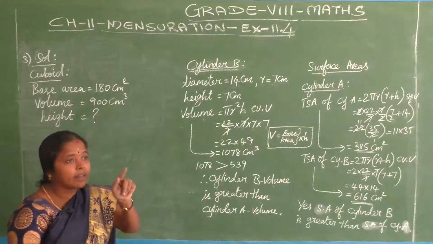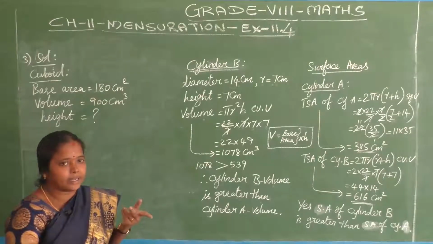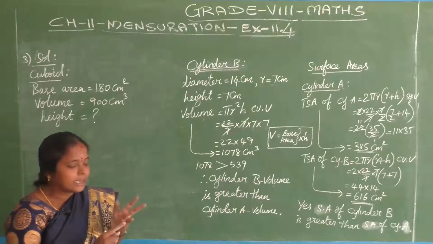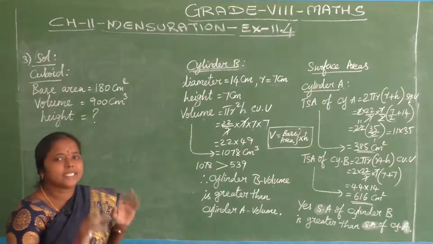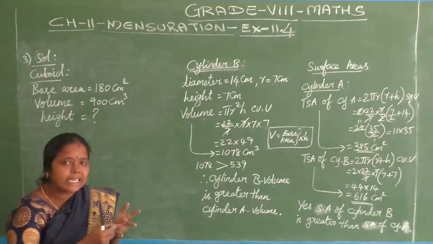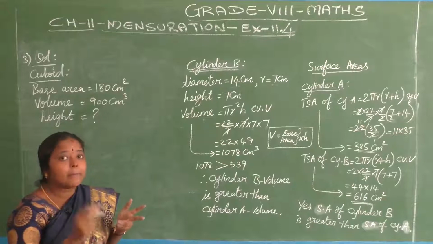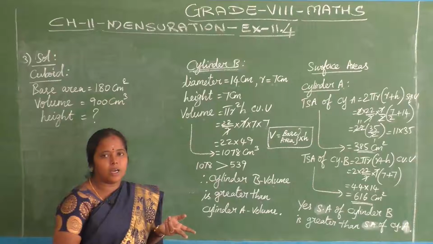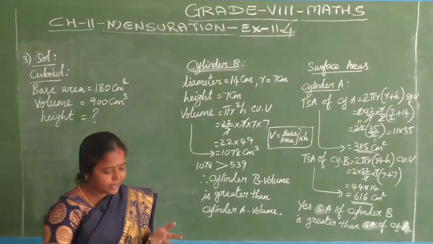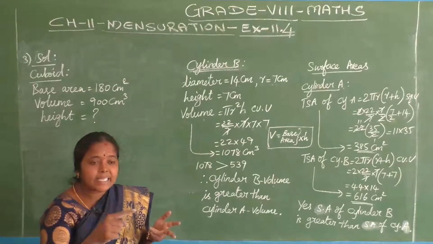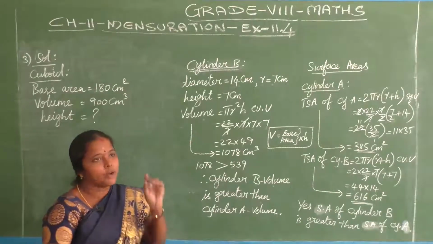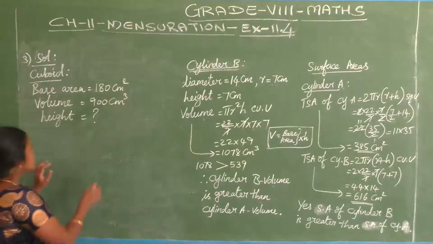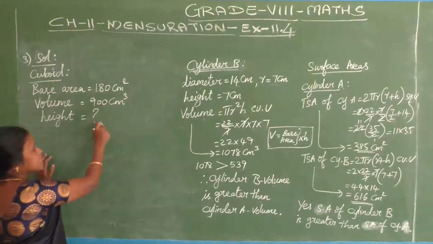So base area into height we can also tell. Actually, the volume of the cuboid is base area into height. So using that way we can find this missing height.